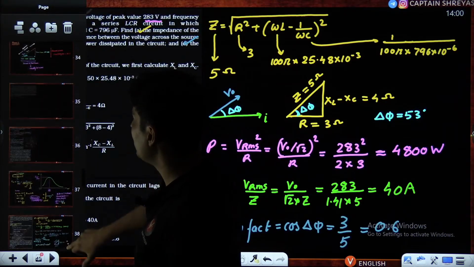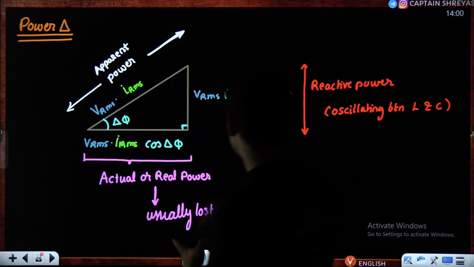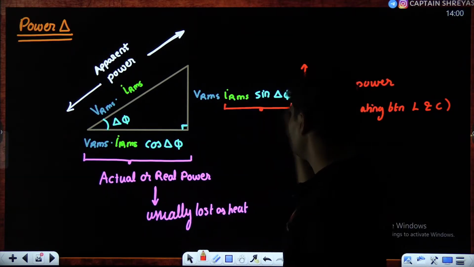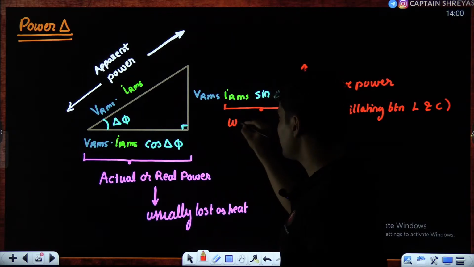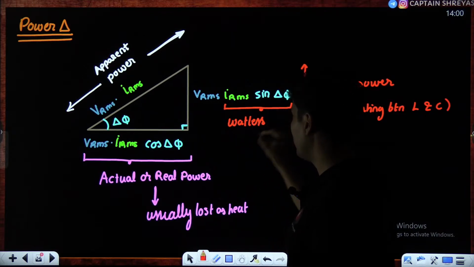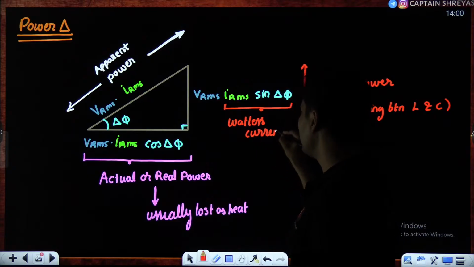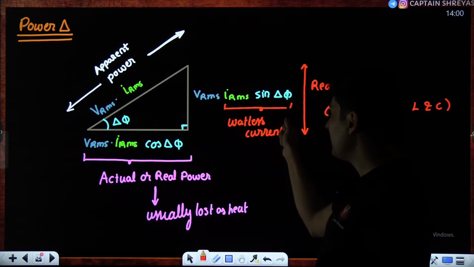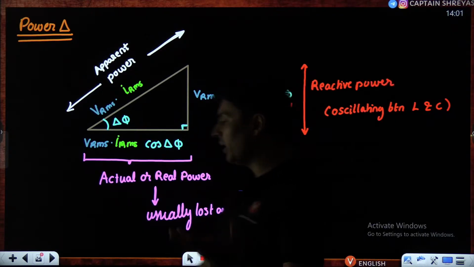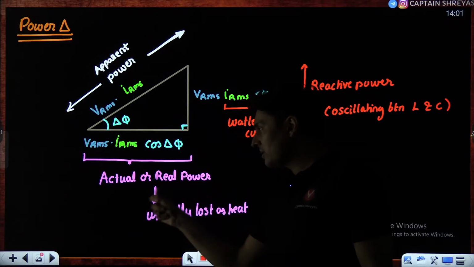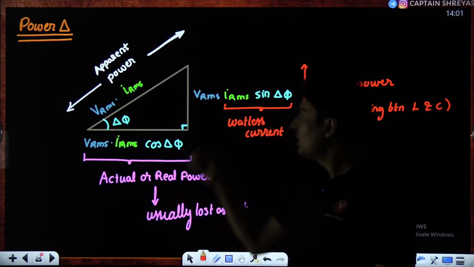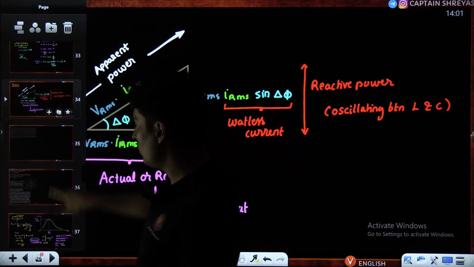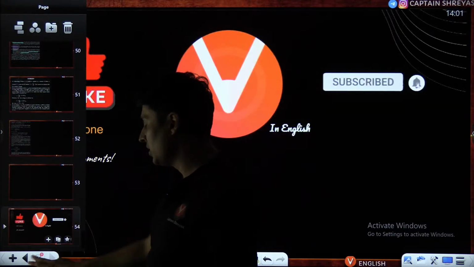This current, just this much current which is there, is also called wattless current. I sin phi is also called wattless current, meaning no energy loss. Power is lost, actual power, watt is consumed. Here no watt is consumed, no loss happens in reactive. So wattless current, that is what it is called.